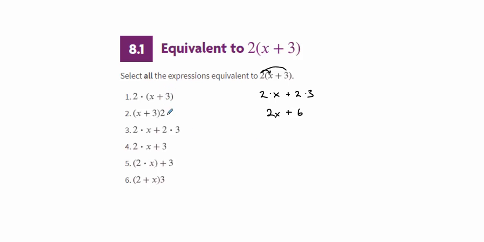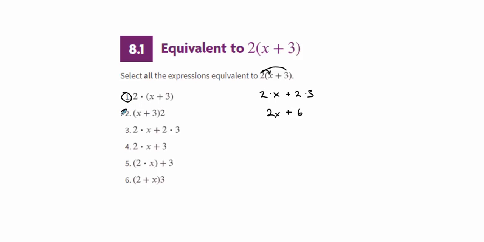So let's go down the list here and see if any of these match. So 2 times quantity x plus 3. Here they just removed the little multiplication symbol, so this one is equivalent. This is the quantity x plus 3 times 2. The commutative property of multiplication says it doesn't matter what order you multiply in, right? You could take 2 times x plus 3 or x plus 3 times 2.